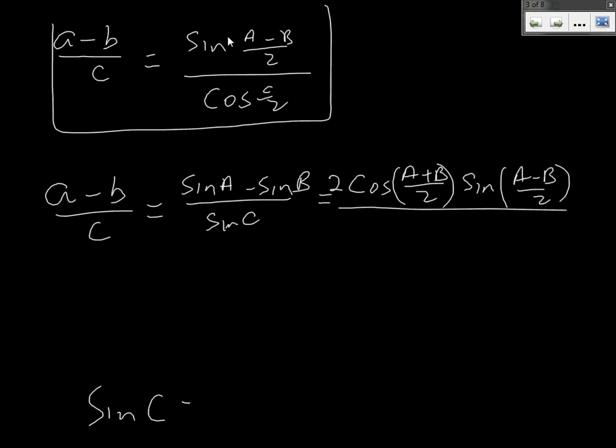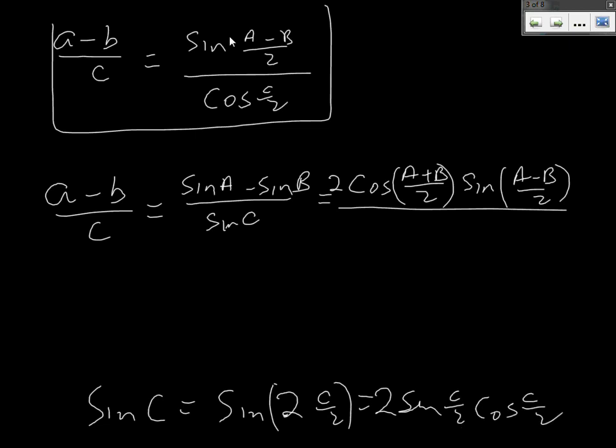We're going to think of c as 2 times c over 2. So this is going to be 2 sine c over 2 cosine c over 2. Double angle formula. It's 2 sine c over 2 times the cosine of c over 2.